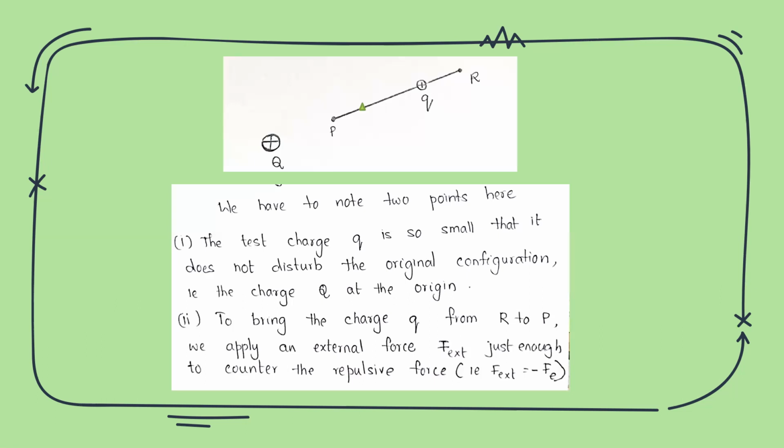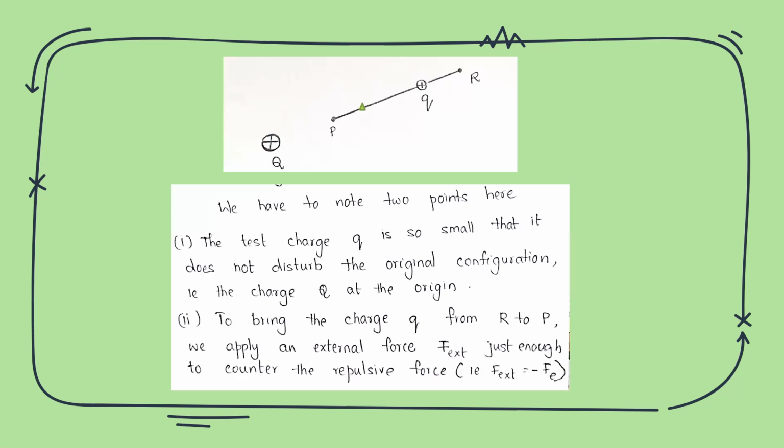As per Coulomb's law, there is a force of repulsion between capital Q and small q. We know that it is equal to 1 by 4 pi epsilon naught, capital Q small q by r square, where r is the distance between both the charges. That is the electrostatic repulsive force.